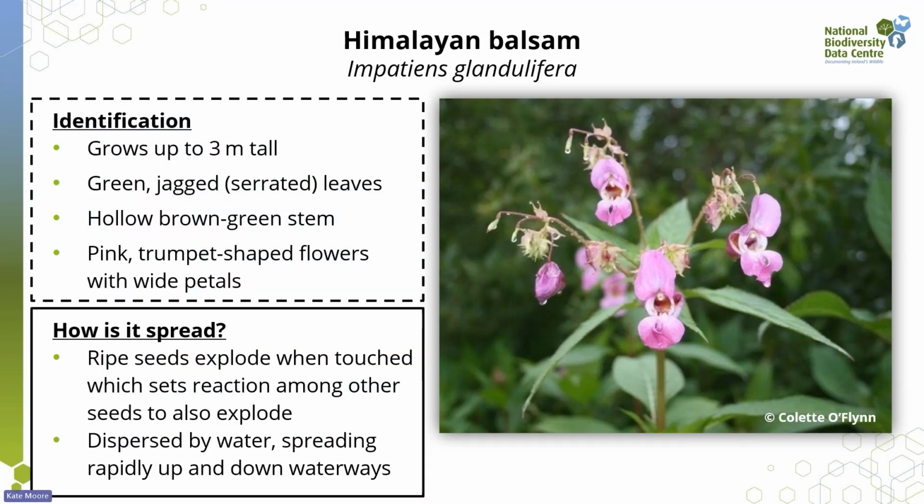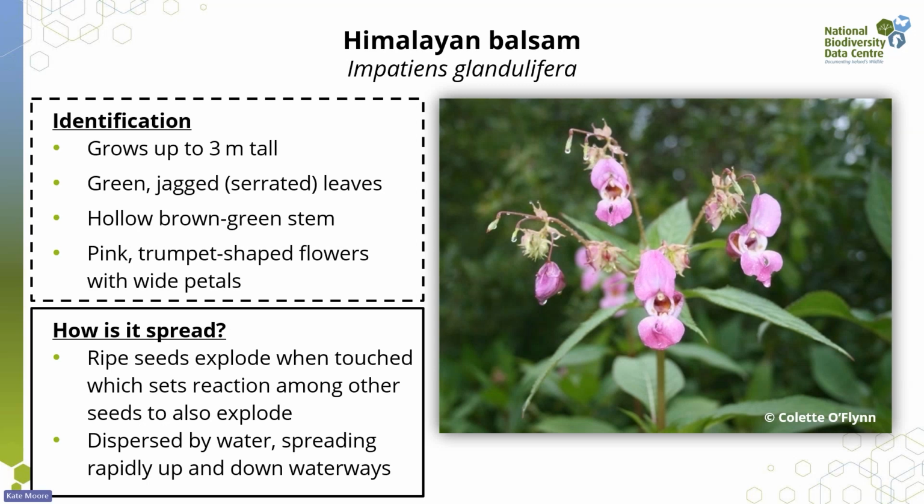Another invasive species that we find along watercourses is Himalayan balsam, and this grows up to 3 meters tall. It has green, jagged, serrated leaves and a hollow brown-green stem, and it produces pink trumpet-shaped flowers that bees are very attracted to. And how does it spread?